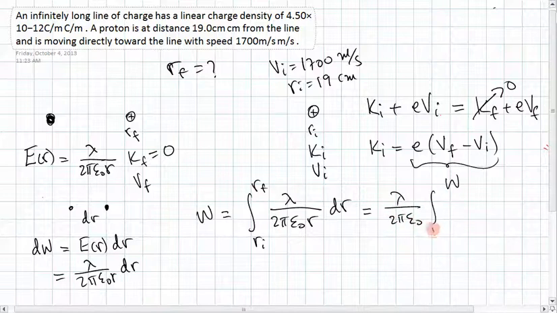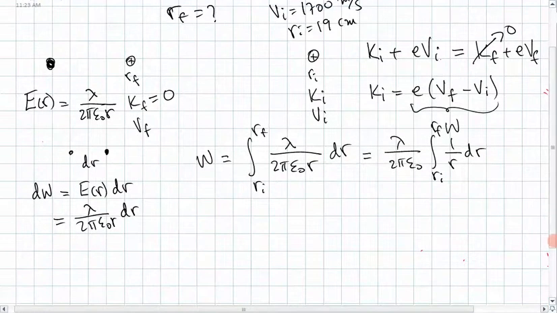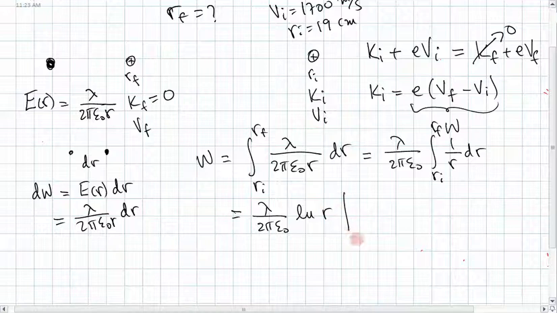All this comes out of the integral, and I get the integral from Ri to Rf of 1 over r dr. Then I can solve this, and this is lambda over 2 pi epsilon naught times ln of r between Ri and Rf, which is equal to lambda over 2 pi epsilon naught ln of Rf divided by Ri.